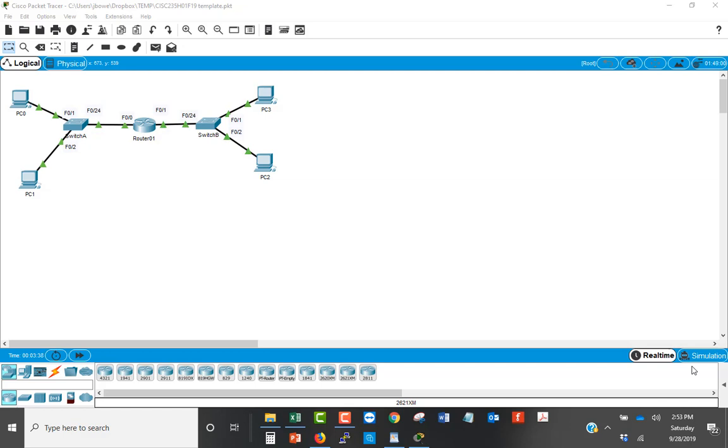So I'm going to be going through and giving you an IP address, a Class C, or not a Class C, but a group of addresses with a /24 CIDR notation. Okay, let's take a look.